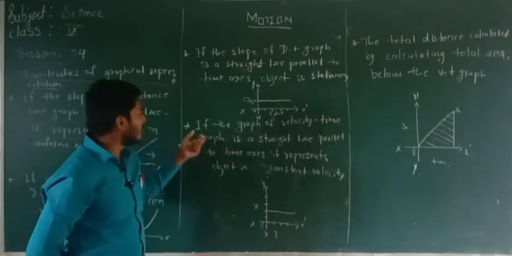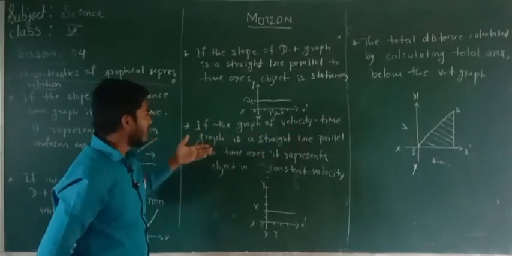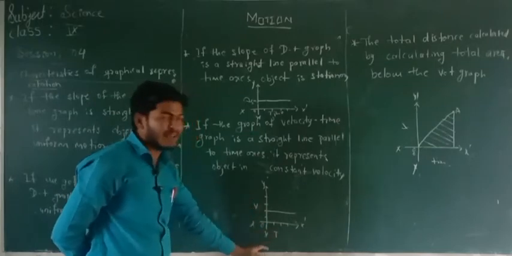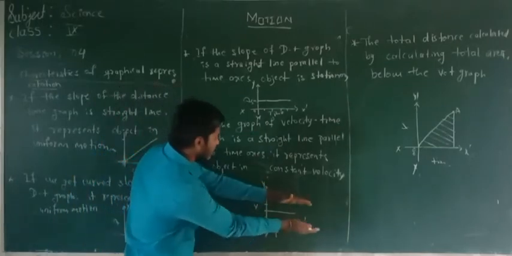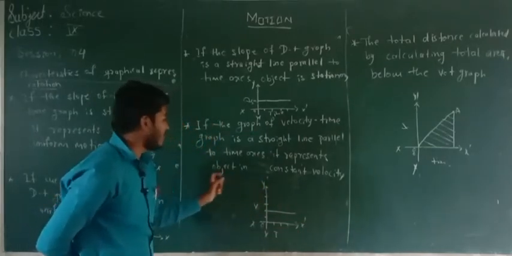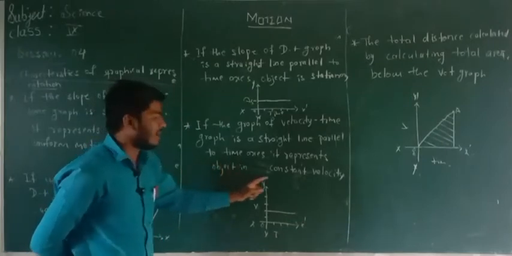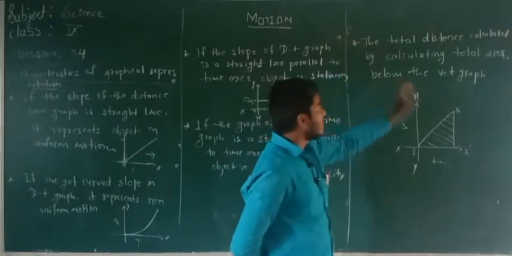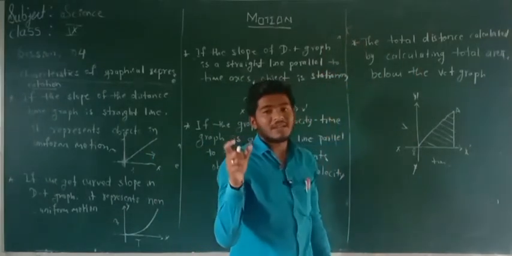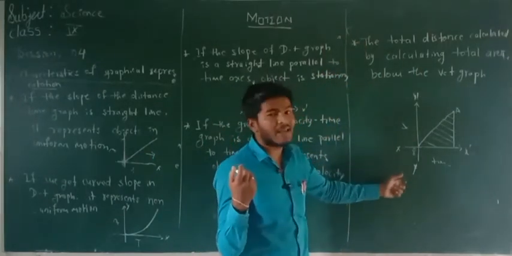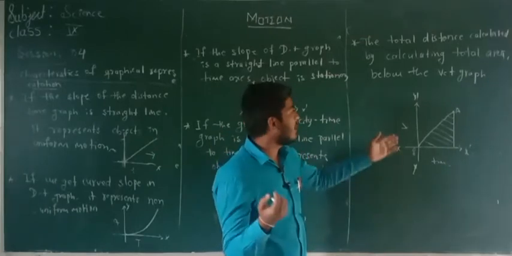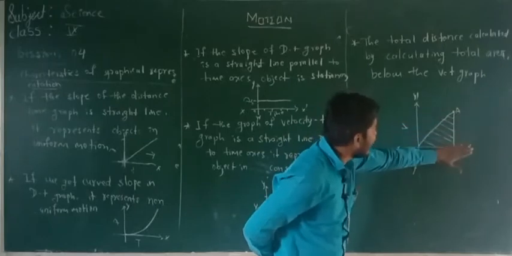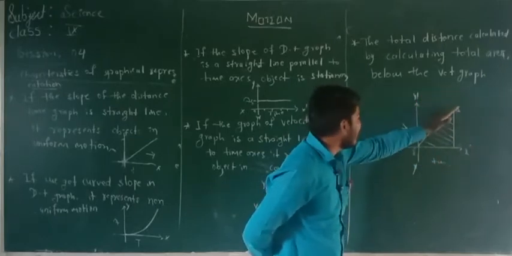Then another one: if the velocity-time graph is a straight line parallel to the time axis, that graph represents an object with a constant velocity. And finally, the total distance covered by an object using the velocity-time graph, we are going to calculate by calculating the area below the graph, not above the graph.